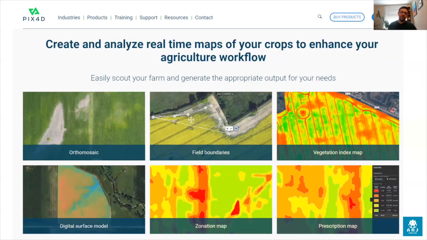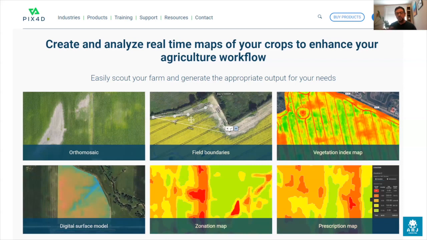It's also interesting to look at the technologies and how they've evolved. I'm just picking something from the internet because it's a piece of software that I've previously used and quite like. Pix4D has the capability to use the images captured from drone systems and bring them together using interesting index outputs.